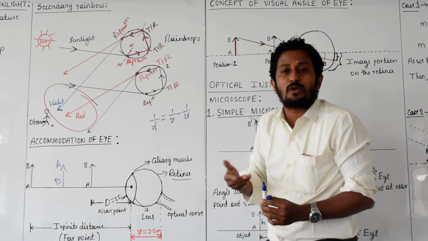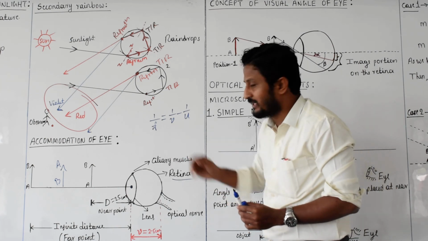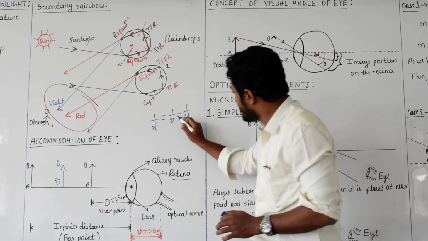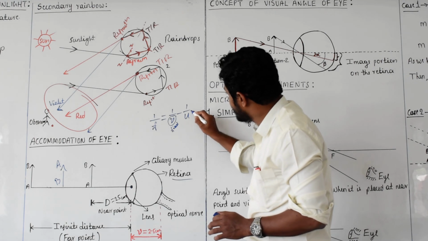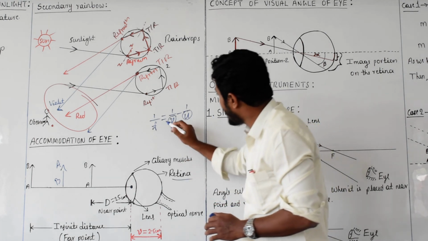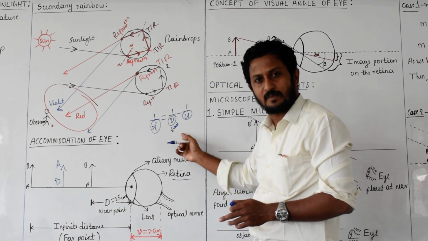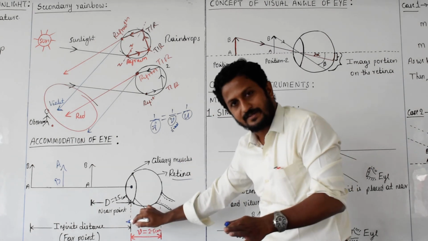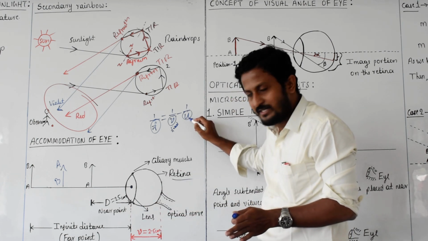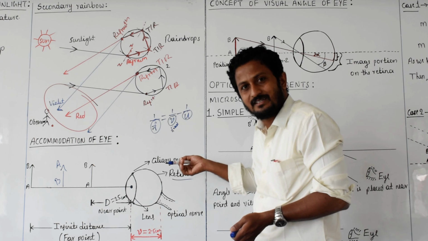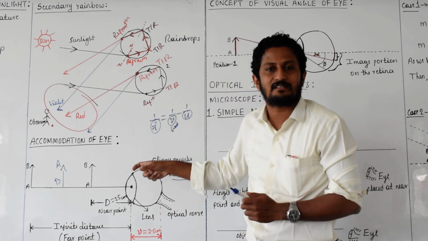Then what should happen here? What has to take place here? See the relation in the formula. The image distance is fixed. As you change this object distance, there should be a change in the focal length of that lens.